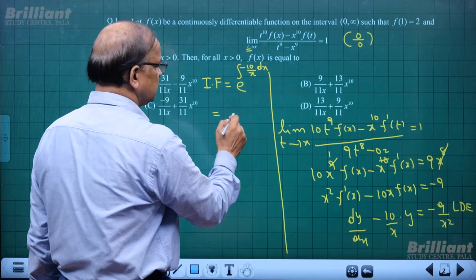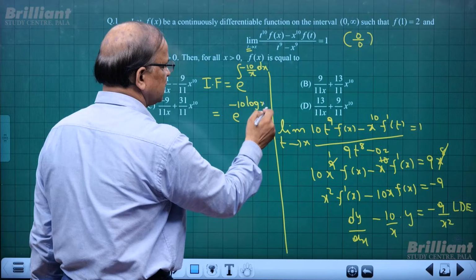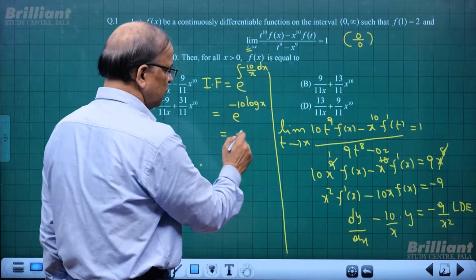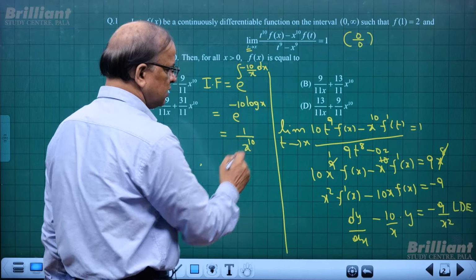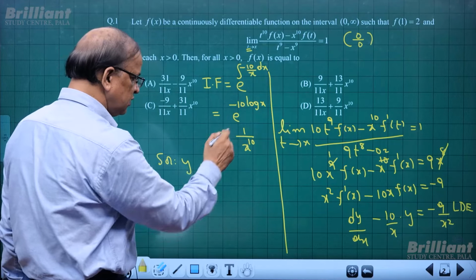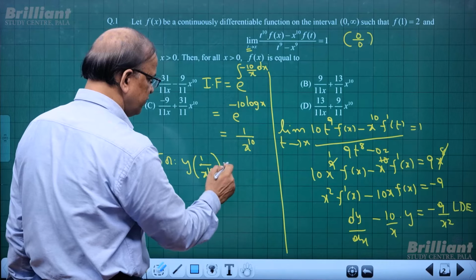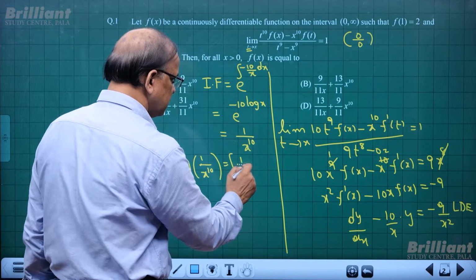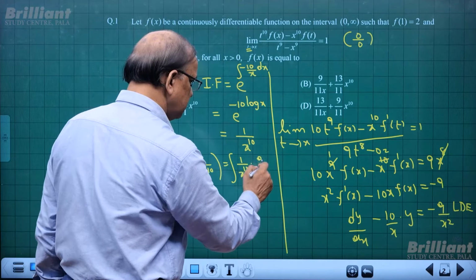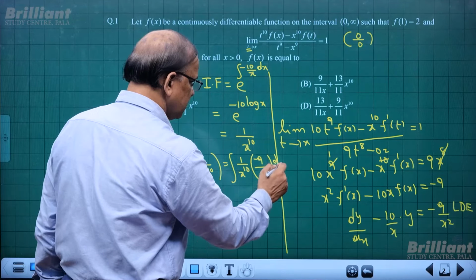So that is equal to e power minus 10 log x, so it goes up, so 1 by x power 10. Therefore the solution is y into integrating factor, 1 by x power 10, is equal to the integral of 1 by x power 10 into minus 9 by x square dx, plus c.